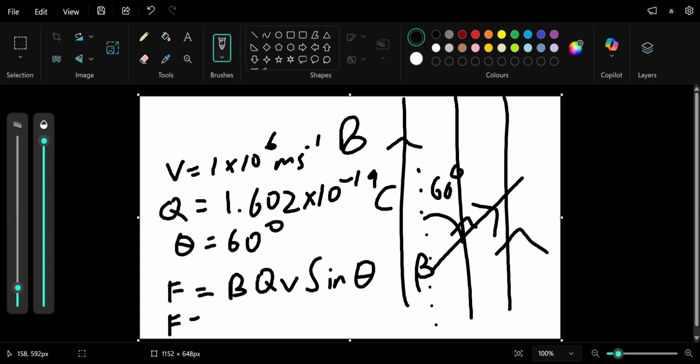Okay, looking at the equation, it just seems we need to substitute the numbers in. This magnetic field B, I forgot to say, was recorded to be 0.5 milliteslas. Now you can go ahead and solve the question. Be careful of the unit conversion though.